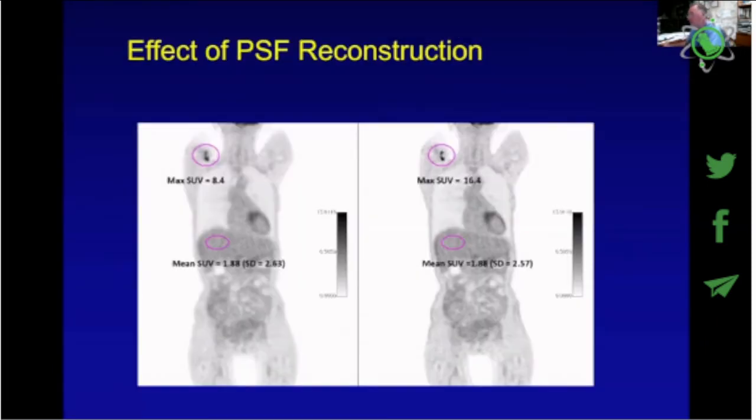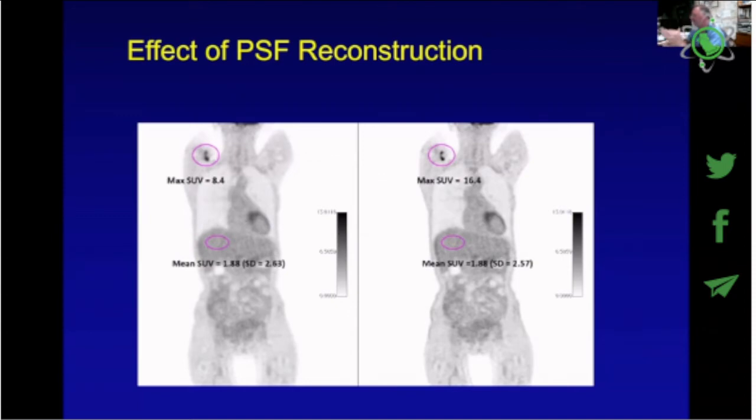Again, because you can improve the resolution in the scanner, you will have changes in the activity concentration, because now you can see tumors much better. And as such, it will impact the SUV value in these lesions. You can see here, the SUV of a lesion is changed dramatically. This part of the increase is also a little bit artifactual, because the correction itself introduces some error during your image reconstruction.